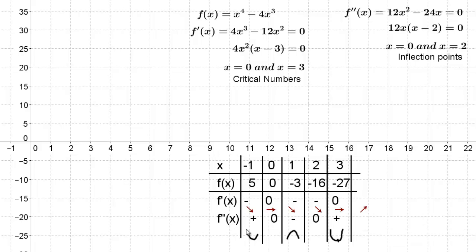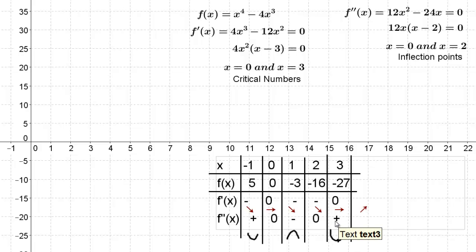It's about the concavity. During the interval to x equals 0, it's concave up. In this part of the interval between 0 and 2, it is concave down. And then after x equals 2, it's concave up forever. And because of that, we don't have to check any points past x equals 3 because we know it's got to increase because we have a combination of two things.